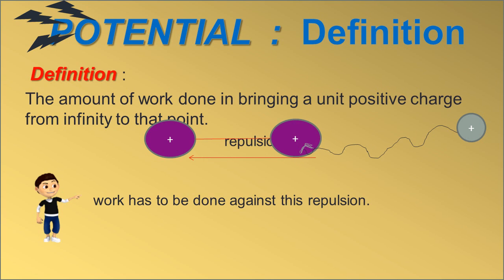This positive charge will repel the incoming positive charge, but we have to cross this repulsion, so we are doing work against this repulsion, and this work which we do against the repulsion is stored as potential in the circuit. So we can finally conclude that potential is the amount of work done in bringing a unit positive charge from infinity to the point in the field.